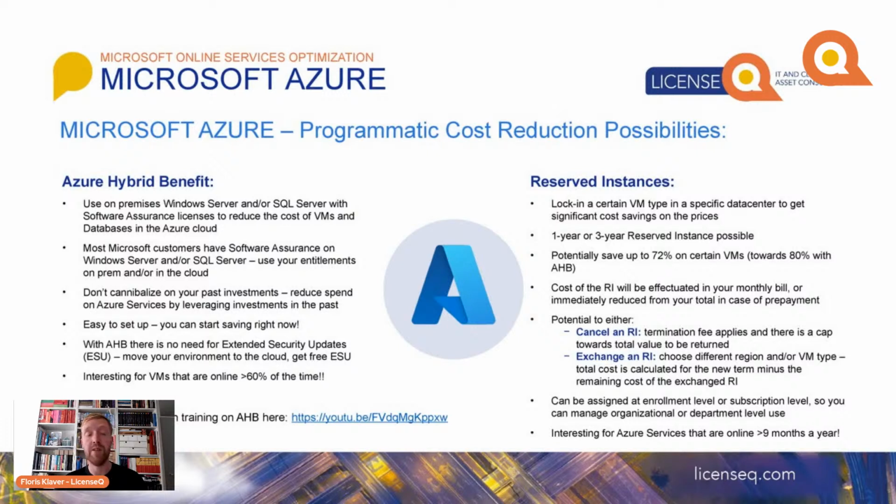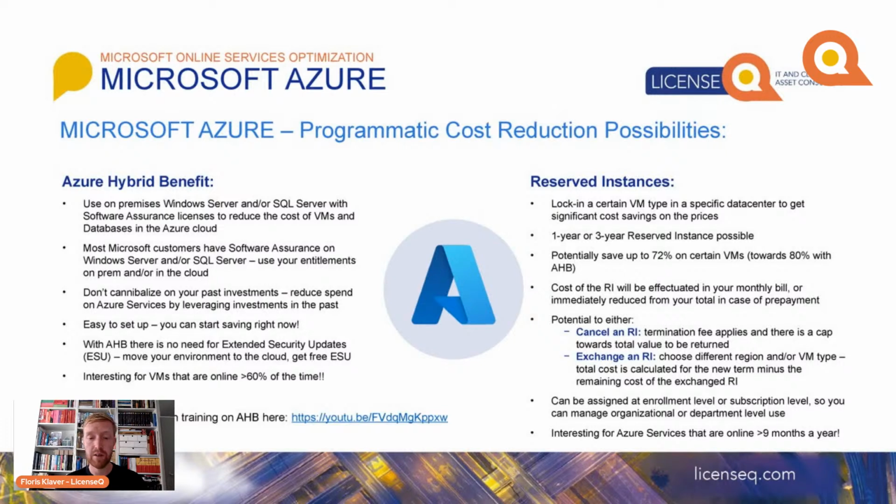Additionally, if this is a VM that might not be running 24/7, or there's a cutoff point, it might not make sense to assign bring your own licenses as well, because for software assurance, usually you pay an annual price and not just a monthly consumption price as you do in Azure. So there's a lot of ifs and buts. So do check out, again, our video that we have around this. It will help you immensely.